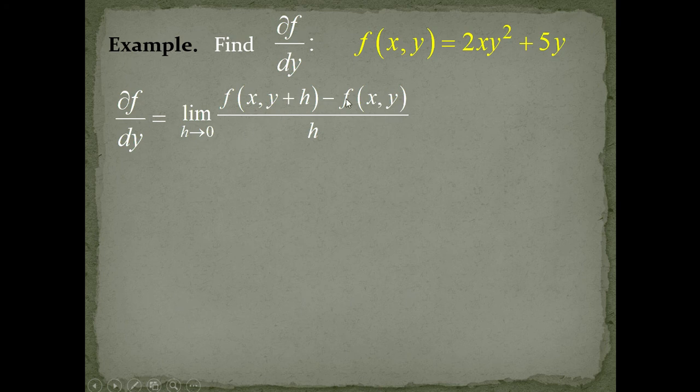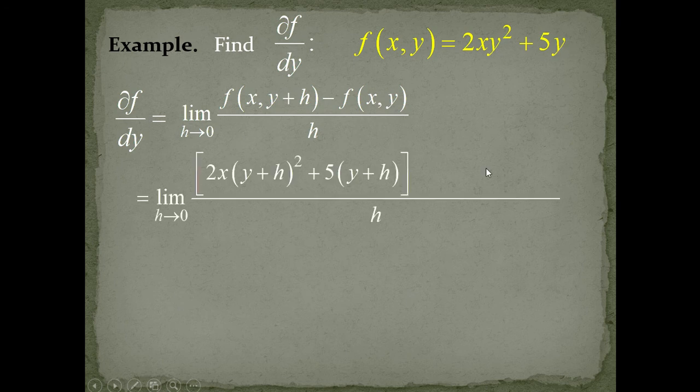So again, to solve this problem using the long method, we have to substitute y plus h for every term that has y. So in this case, we have y squared here, so change y to y plus h. Okay, so we have 2x here.